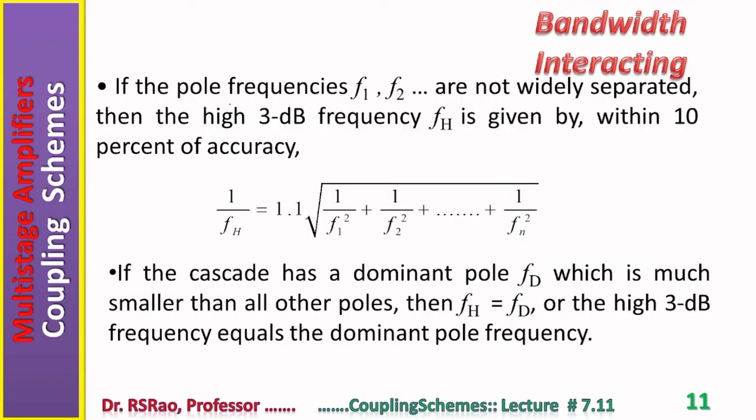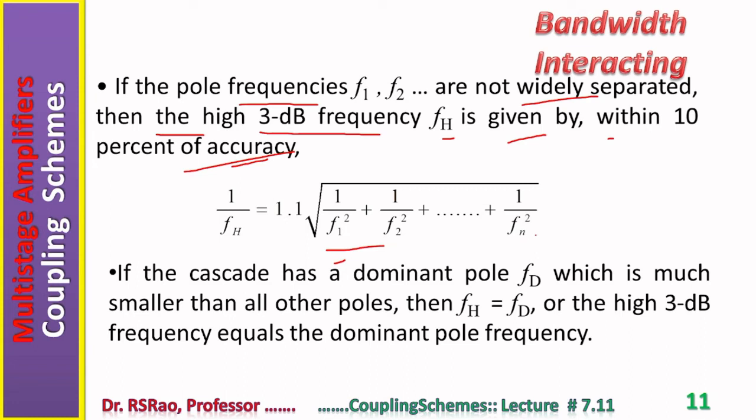If the pole frequencies F1, F2 are not widely separated, then the high 3 dB frequency Fh can be found within 10% accuracy from this relation: 1 by Fh equals 1.1 square root of 1 by F1 square plus 1 by F2 square plus etc. plus 1 by Fn square.